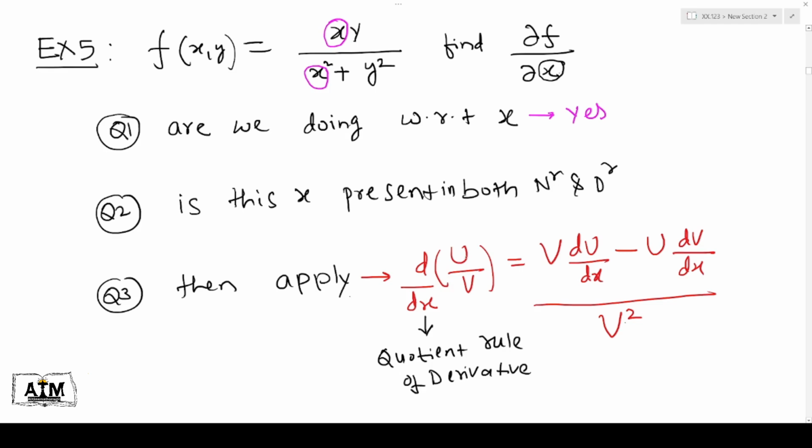That is, derivative of u divided by v equals v derivative of u with respect to x minus u derivative of v with respect to x, divided by v square. So to find partial derivative of f with respect to x, we must apply quotient rule of derivative.